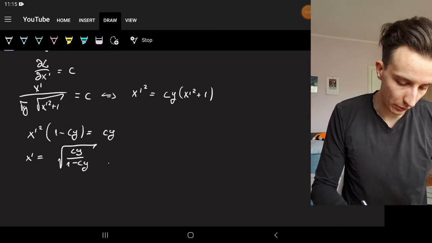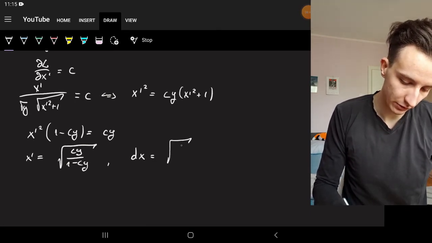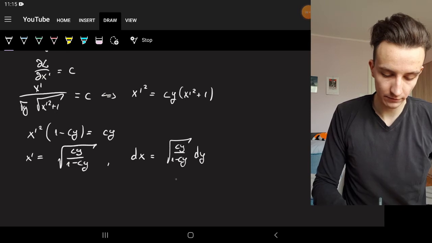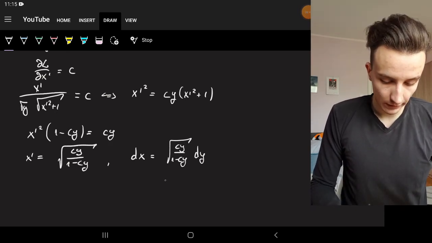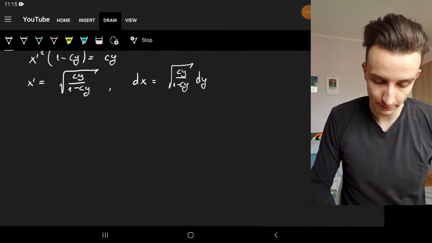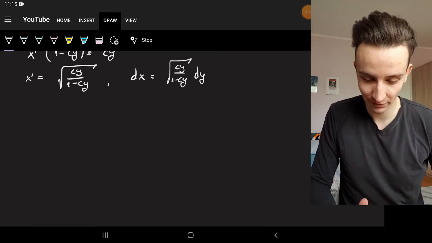Since it is a solvable one, we just have dx is the square root of cy over 1 minus cy dy. And we can solve for x here. It does take a little bit of a long time, and I'm worried that I'm going to make a mistake. Let's see how it turns out.